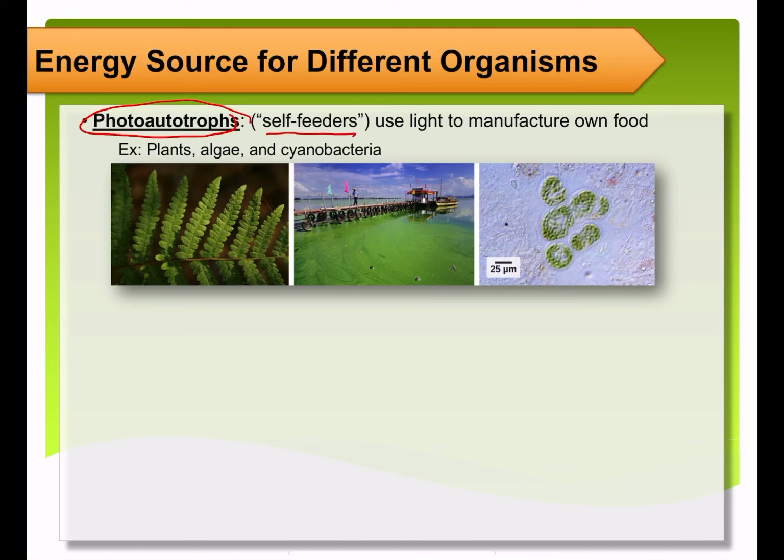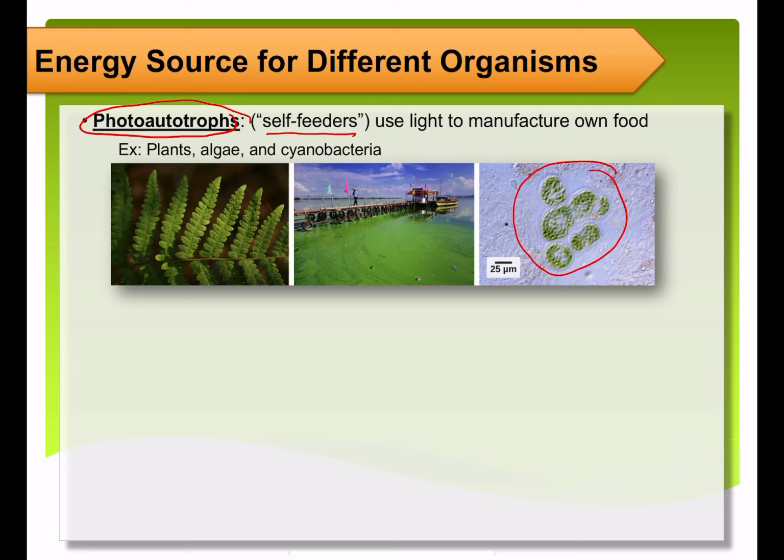Examples of these are those aloe leaf plants we looked at in lab, and cyanobacteria. Remember that? We looked at Oscillatoria and Gloeocapsa, and they had this green stuff inside. Those are what we've seen in lab that can do photosynthesis because they are photoautotrophs.